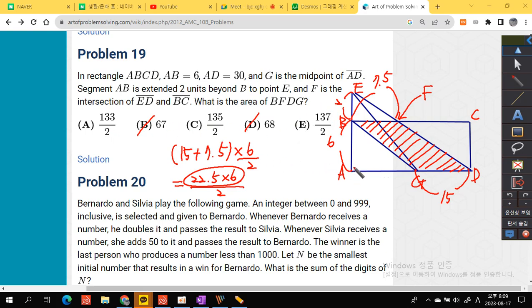Wait, no. I got C. Okay, C. So yeah, C is the answer.